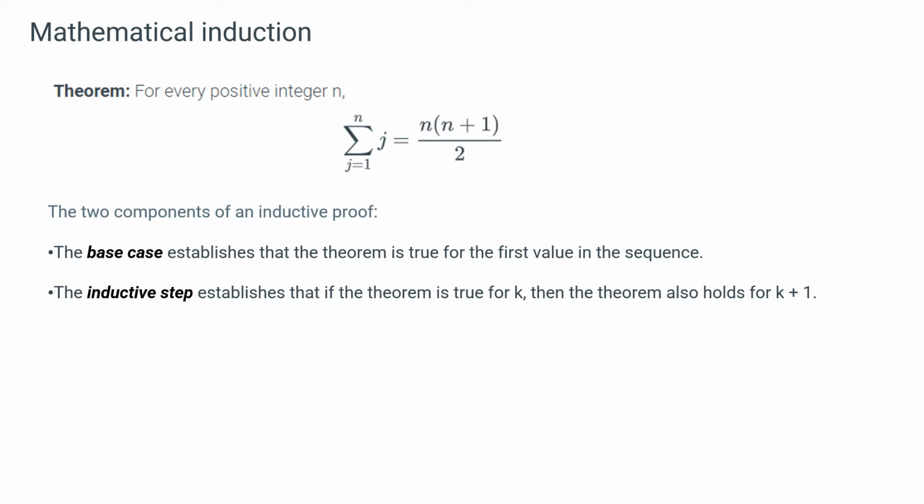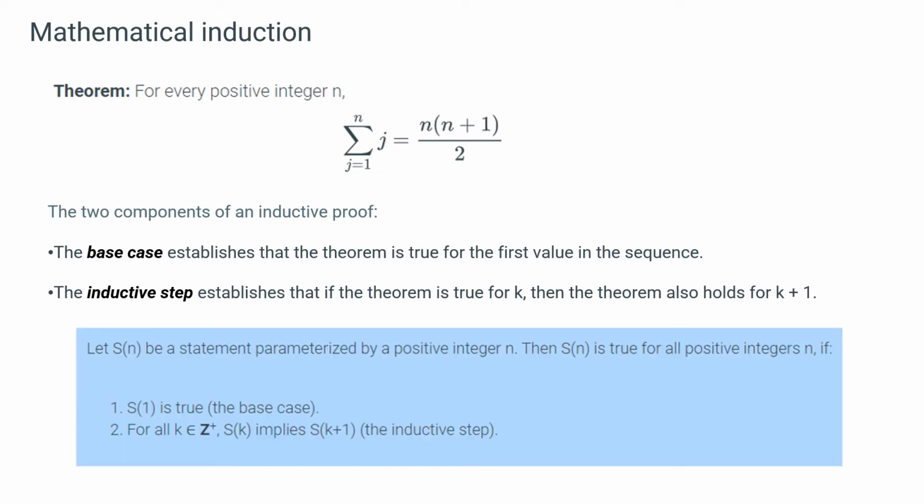So we assume it works for some n, we'll say the value where n is equal to k, and then we show that that assumption implies that it also is true for k plus 1.